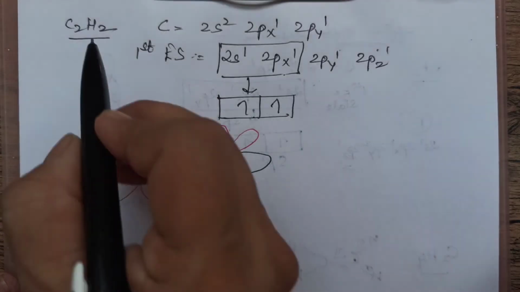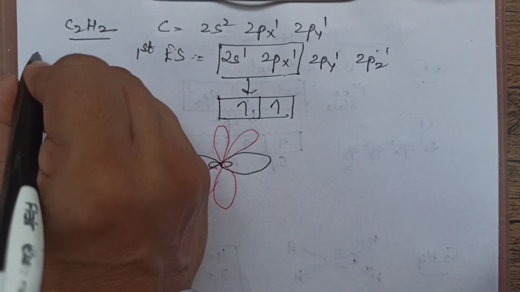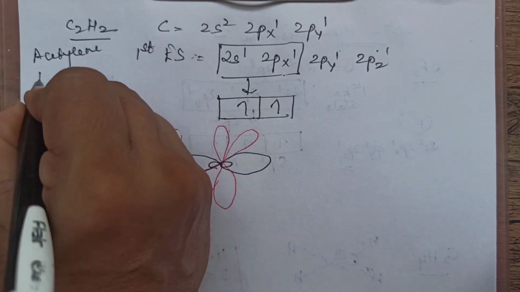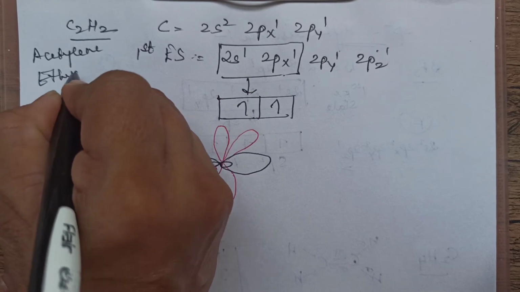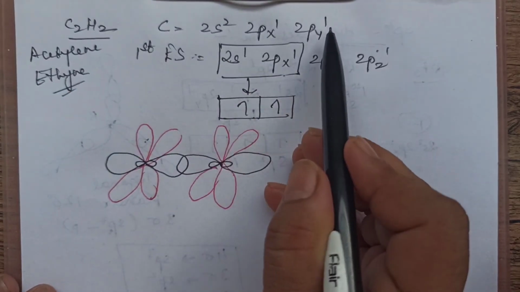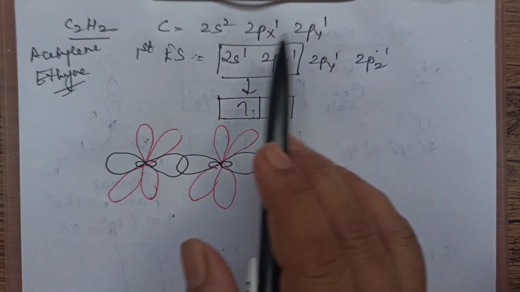Now we'll consider another example, acetylene. This is acetylene, or it can also be called ethyne. IUPAC name is ethyne, right? So again the same thing, carbon ground state configuration, 2 unpaired, so we need 4.